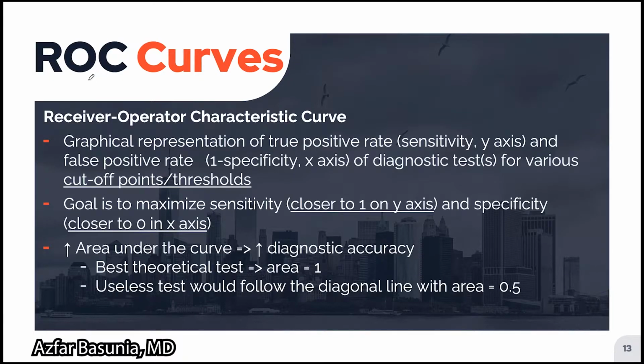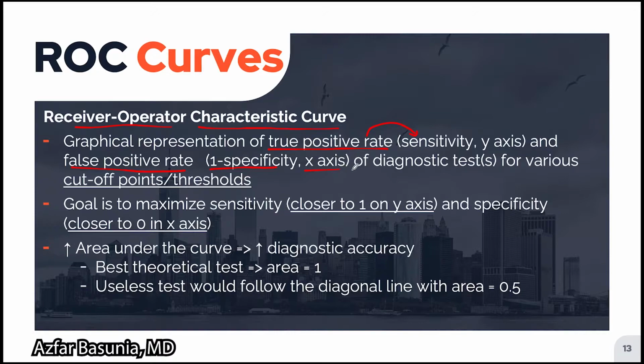Now let's shift gears a little bit and talk about ROC curves. The receiver-operator characteristic curve, or an ROC curve, is a graphical representation of the true positive rate. And remember, the true positive rate refers to the sensitivity, which is represented on the y-axis, and the false positive rate, which is given by 1 minus the specificity, and that is given on the x-axis, of the diagnostic tests for various cutoff points or threshold values.